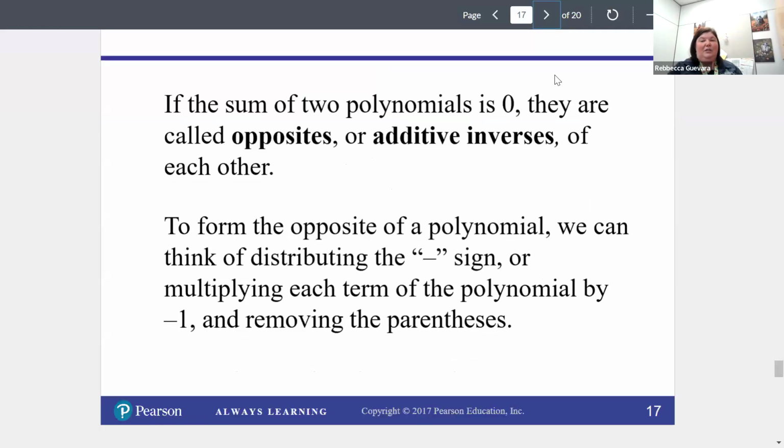So if the sum of two polynomials is 0, then they are called opposites or additive inverses of each other. So occasionally that could happen. To form the opposite of a polynomial, we can think of distributing the negative sign or multiplying each term of the polynomial by negative 1 to remove the parentheses. So what we're doing here is polynomial subtraction.